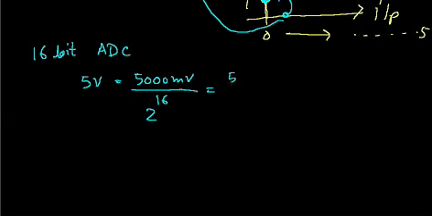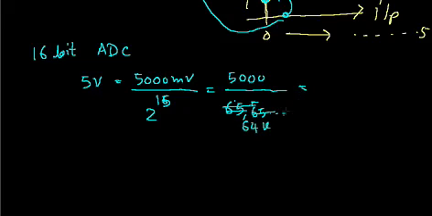So, it becomes 5000 divided by 65,536, nearly 64K in general.